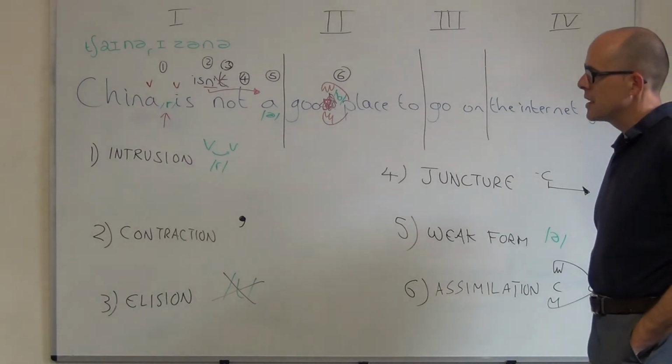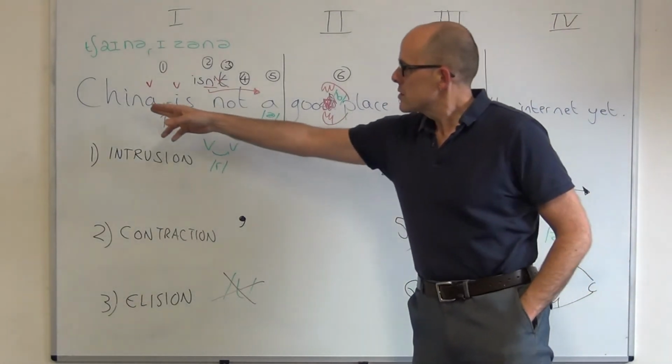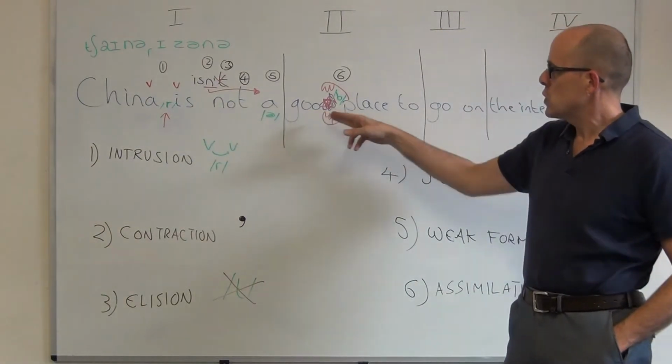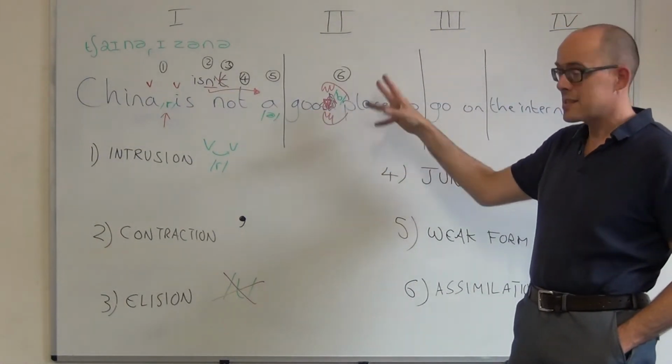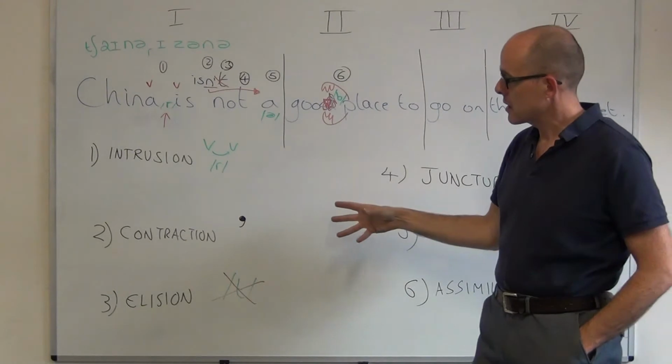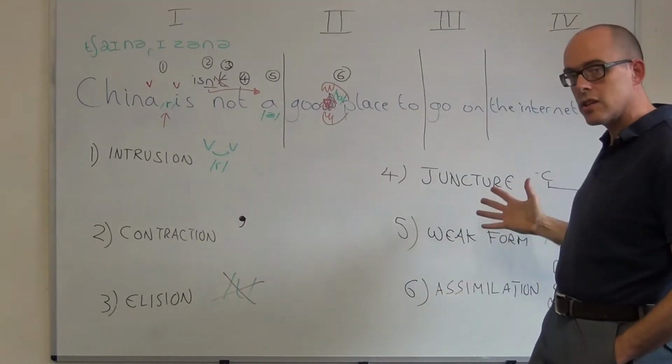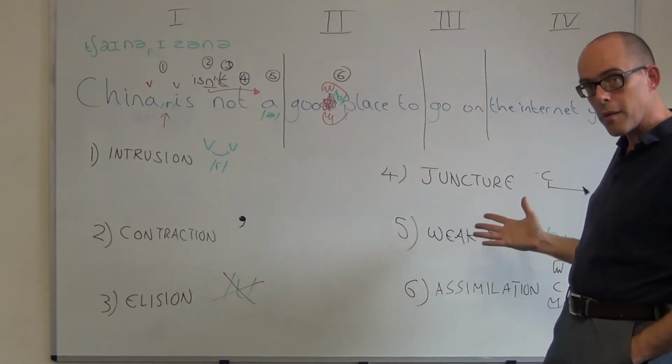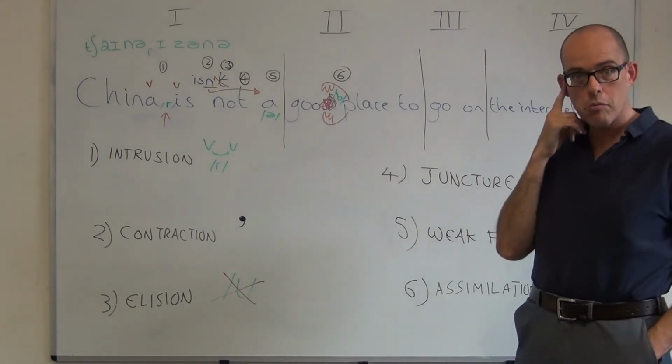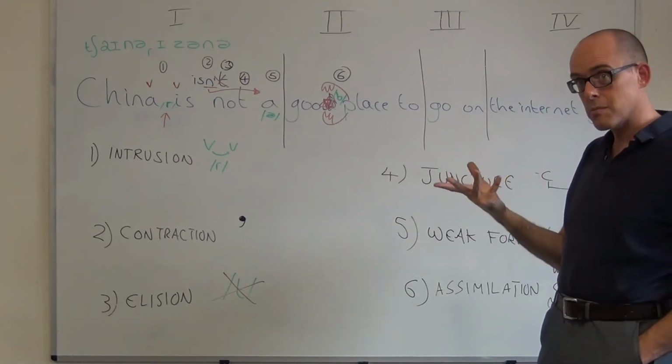Okay, so China is not a good place. Those 6 words give us the 6 types of change that you need to know about to improve your comprehension and your speech to make it more natural.